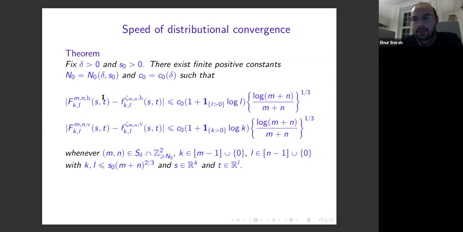And if I just compare the CDFs, then we do not have this bound. We could have that bound if we just restrict K and L to be constant, not growing with N. But when K and L are large, then we do not have the same bound for the original CDFs.